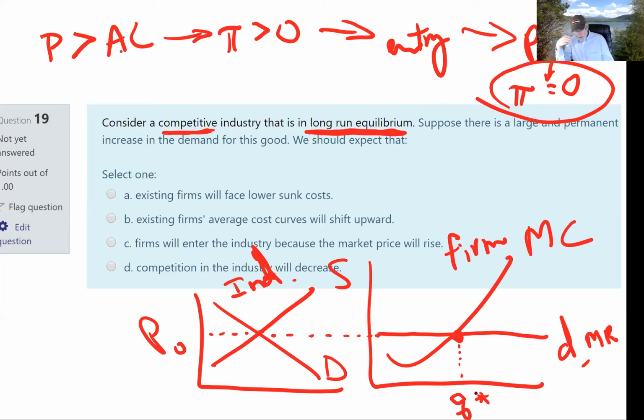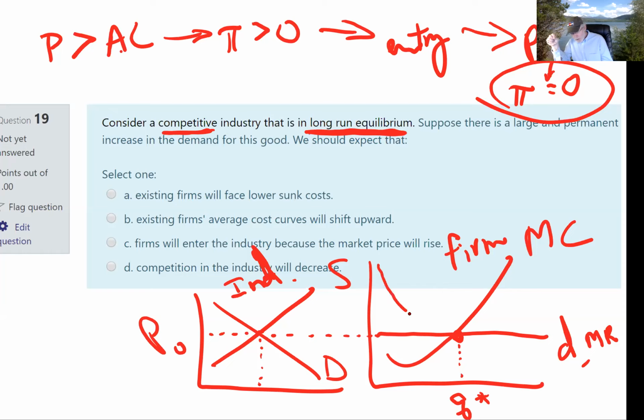So we're starting out where you got some number of firms, each is producing this amount of output. In total, they are producing the quantity that consumers want to buy, okay? And since this is long-run equilibrium, how much profit are they earning? 0.